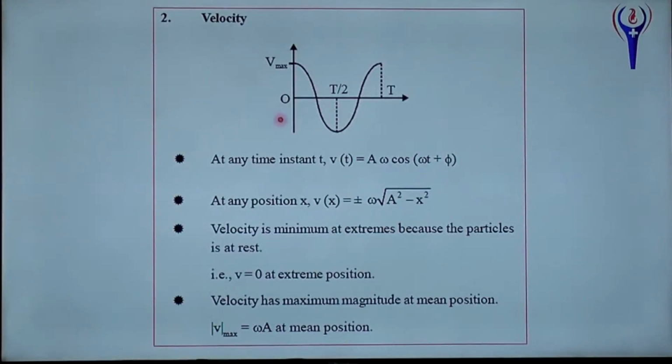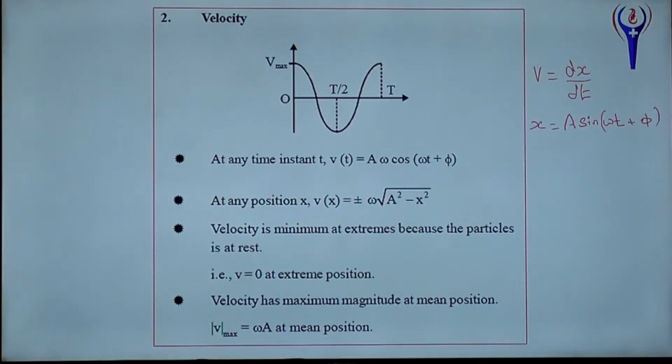And velocity. At any instant, velocity v equal to A omega cos omega t plus phi. We know the formula for v, v equal to dx by dt. And x equal to A sin omega t plus phi.